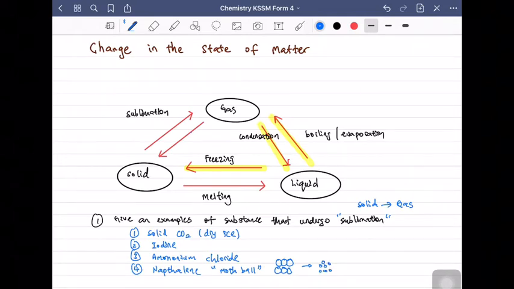This is because the mothball undergo sublimation and change from solid to gas, and they release vapor. So it is a sublimation process.